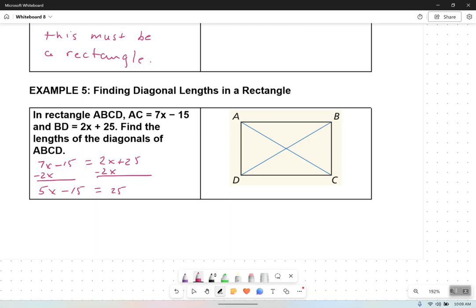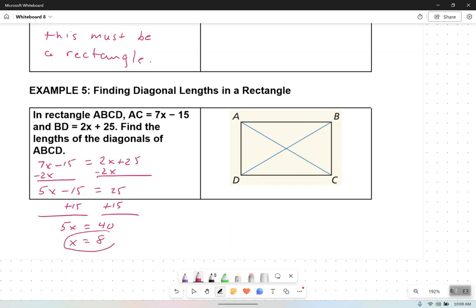All right, how much do you want to add to both sides now, friends? We've got 5x equal what here? Right? Let's now make our x value.